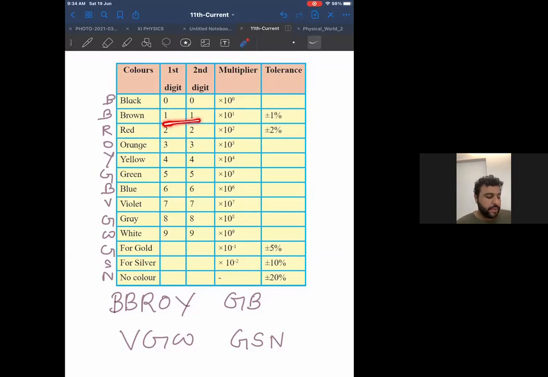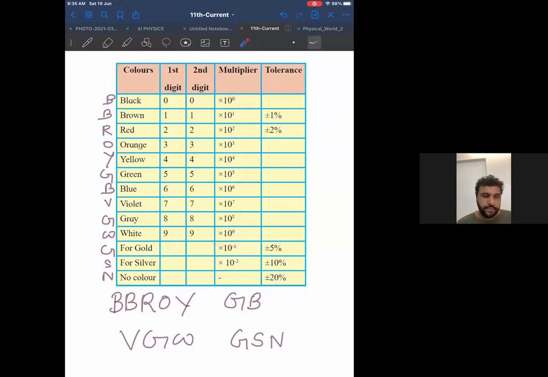If the number is 1, into 10 power 1. If your number is 5, into 10 power 5. And if the number is 8, into 10 power 8. So from 0 to 9, your multiplier will be into 10 power 0 to into 10 power 9. This is correct.